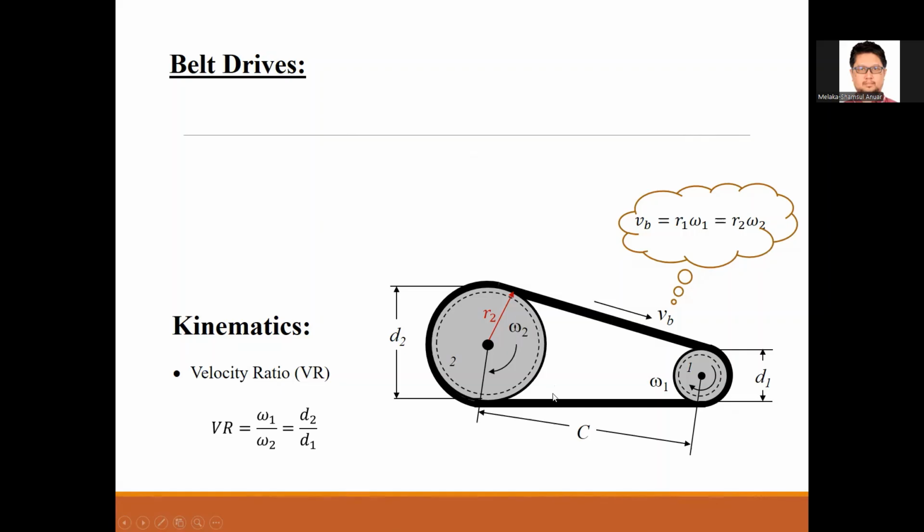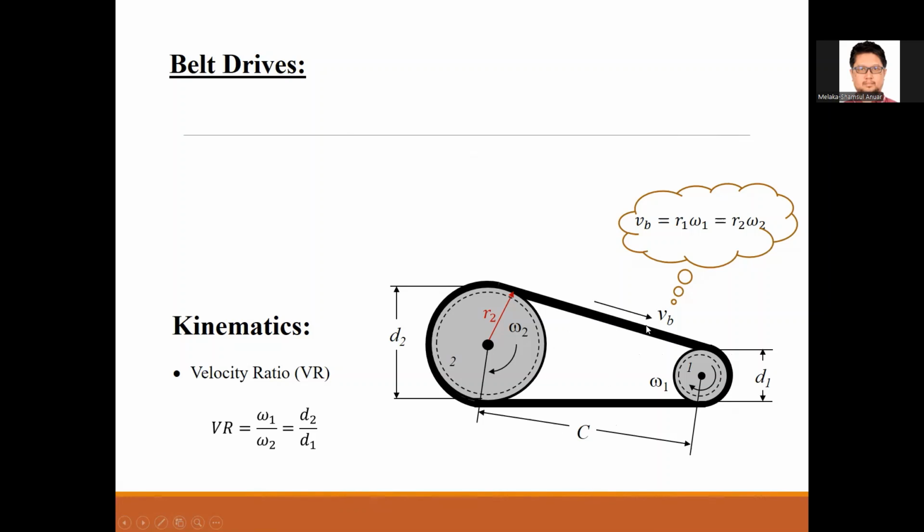But whichever case, if you calculate the VB, the linear velocity, they should be the same, if the belt is considered as behaving as a rigid body, to transmit. So usually in belt and also in chain, but especially in belt, there's two parts here.